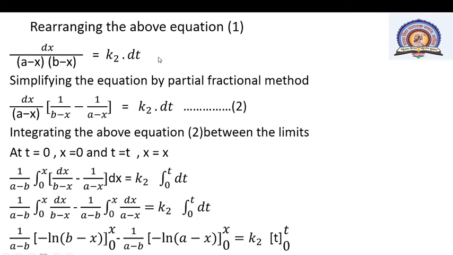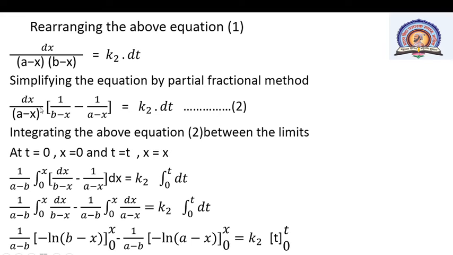Rearranging the above equation number 1, keeping like variables on one side, dx divided by a minus x in one bracket and b minus x in another bracket is equal to k2 into dt. Now simplify the equation by the partial fraction method.